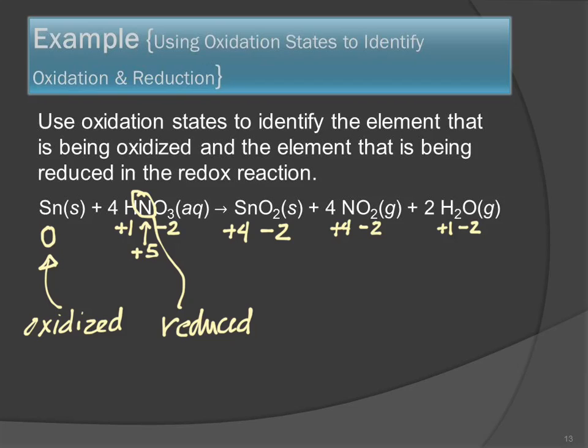Reduction is gain, oil rig, reduction is gain of electrons. So who's the oxidizing agent? Yeah, the nitrogen. We actually say that the whole thing is the oxidizing agent, and then this would be the reducing agent. This would be reducing agent, and this would be oxidizing agent. Any questions?